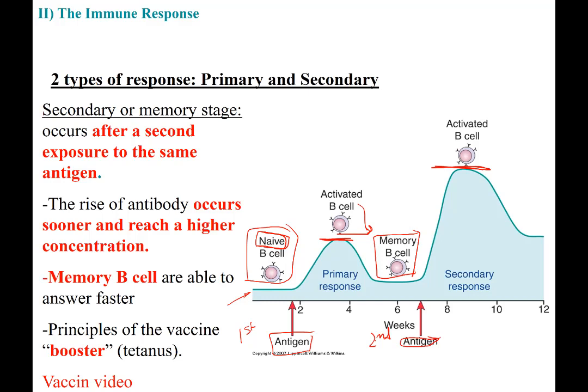Okay, so that's the idea of the vaccination, and that's also the idea of a booster. That's why sometimes you need a booster after a year, or sometimes after 5 years, or after 10 years. So you have the example here for tetanus, where you need a booster every 10 years also.